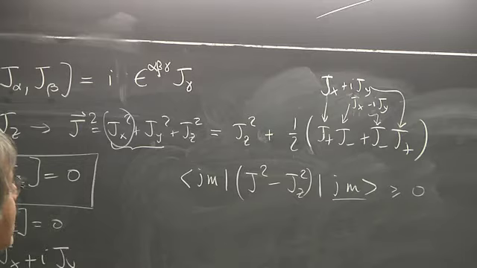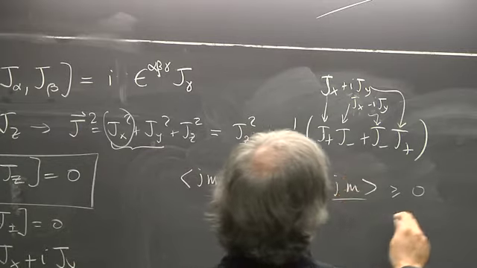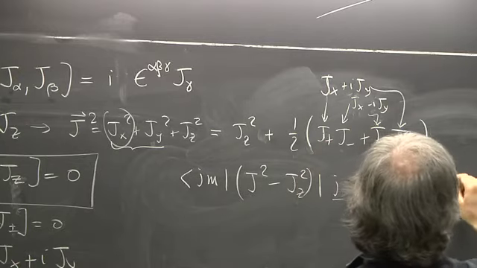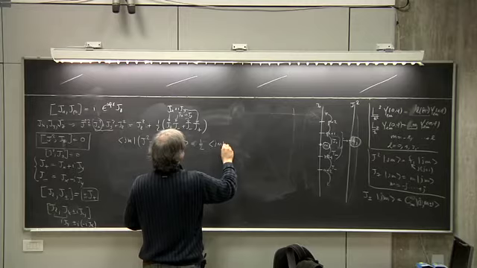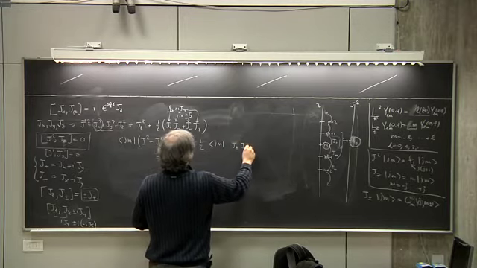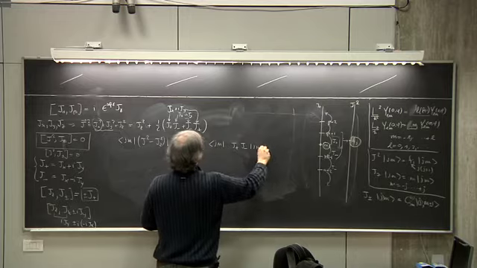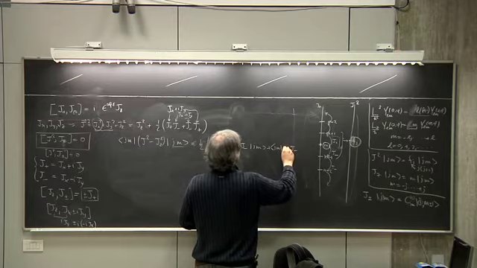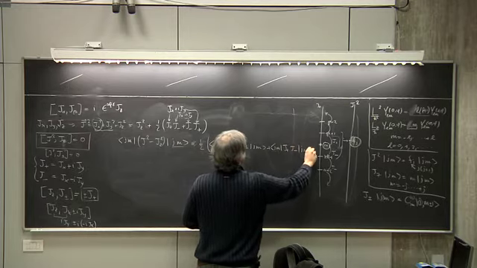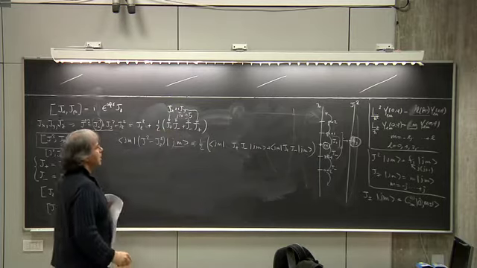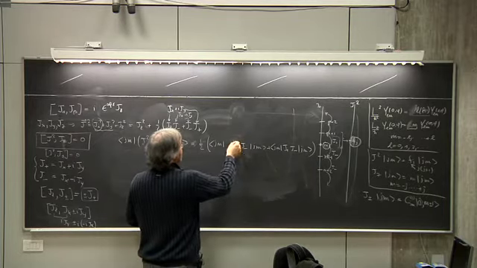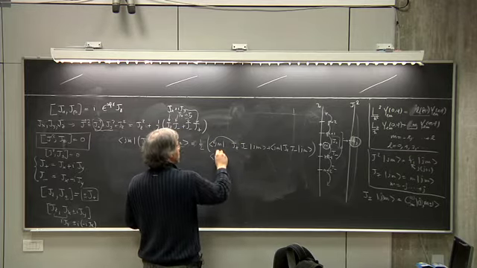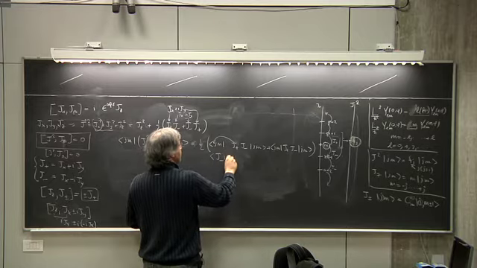Another way of seeing it is just using this expression. This is equal to 1/2 of <jm| j plus j minus |jm> plus <jm| j minus j plus |jm>. Okay? Now, you see that these are not Hermitian operators, but when they go to the left, they become j minus jm.